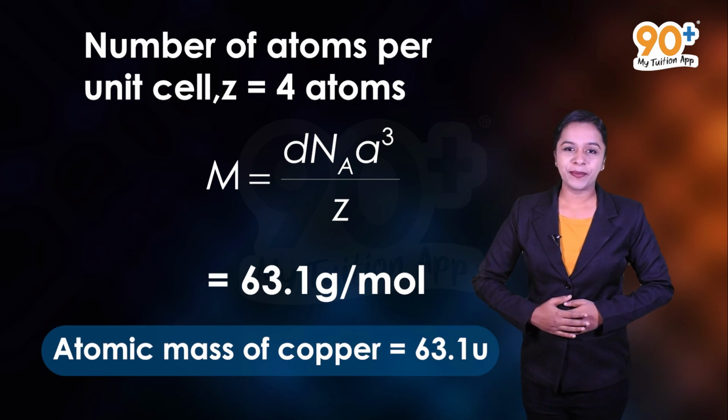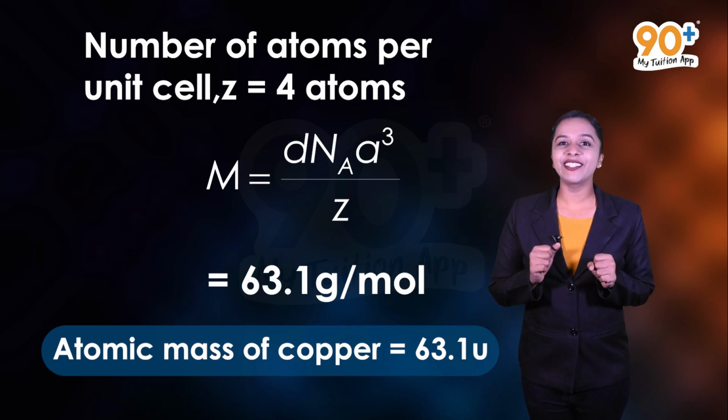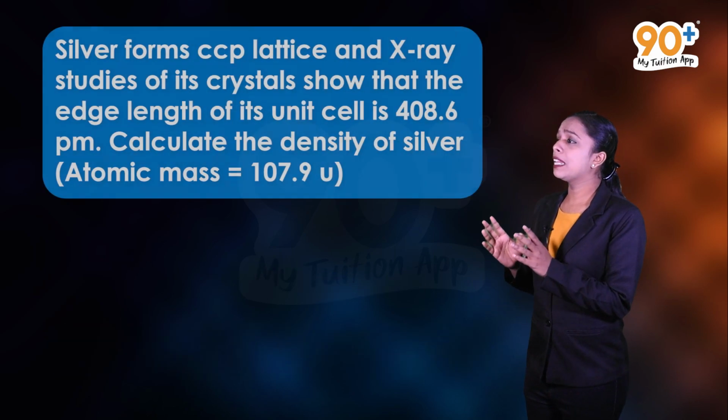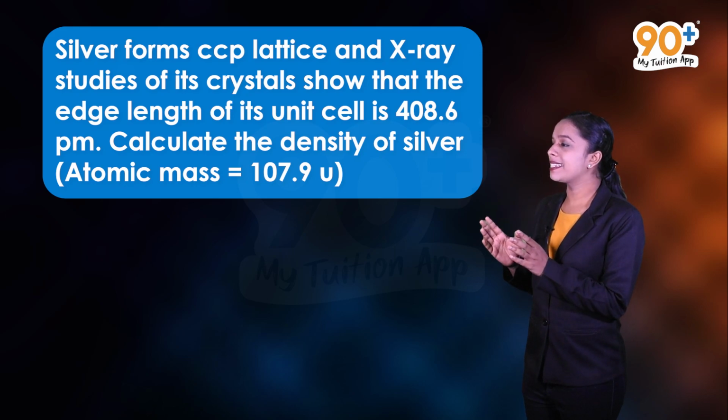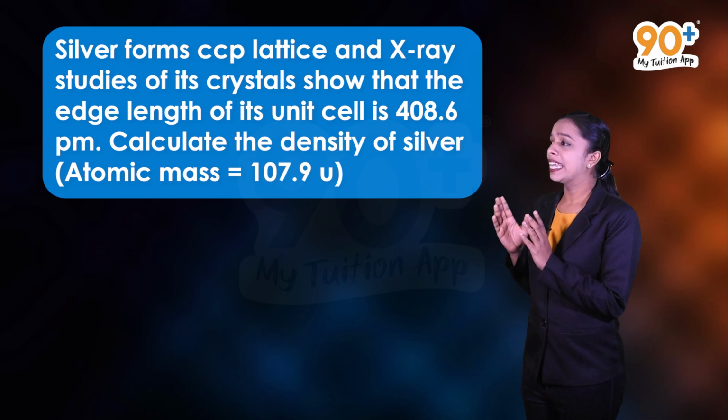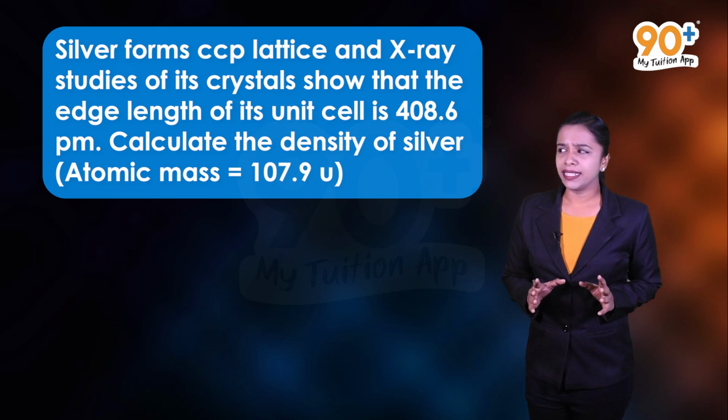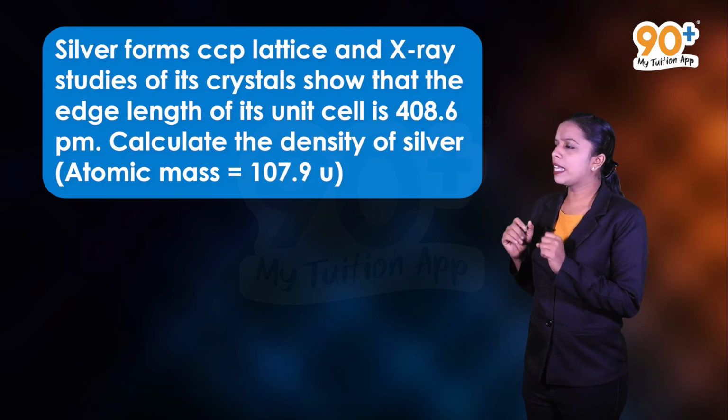Thus we can say that the atomic mass of copper is equal to 63.1 unit. Moving to the third question: silver forms a CCP lattice and X-ray studies of its crystals show that the edge length of its unit cell is 408.6 picometer. Then calculate the density of silver.